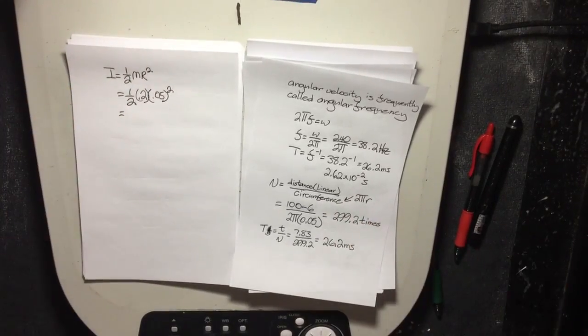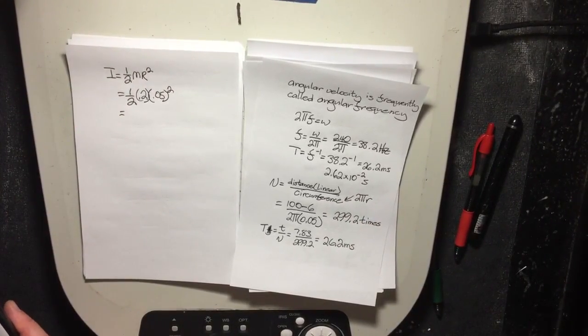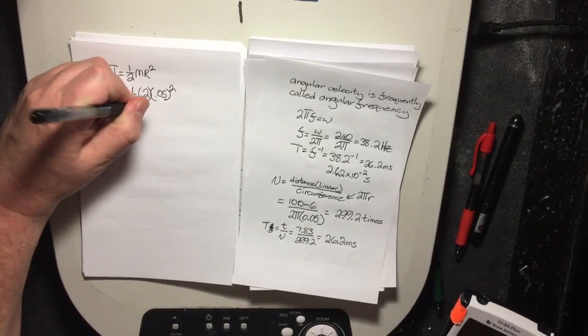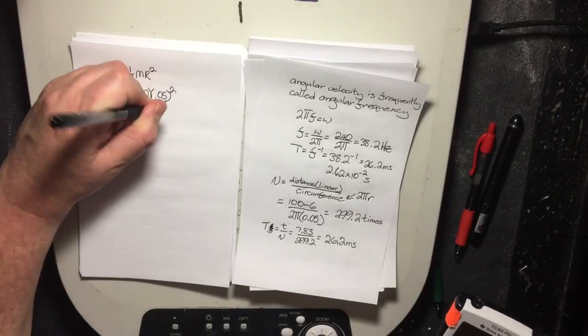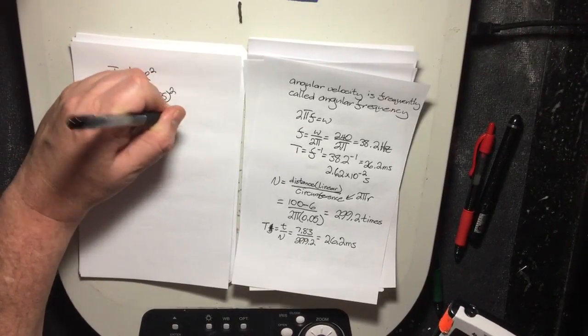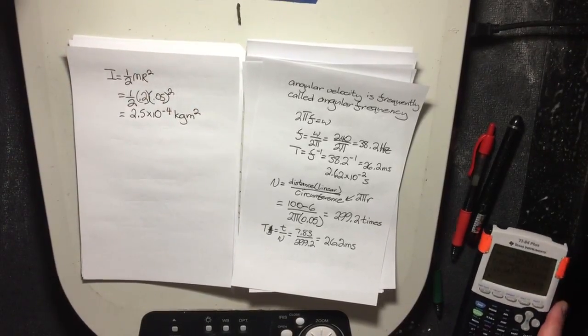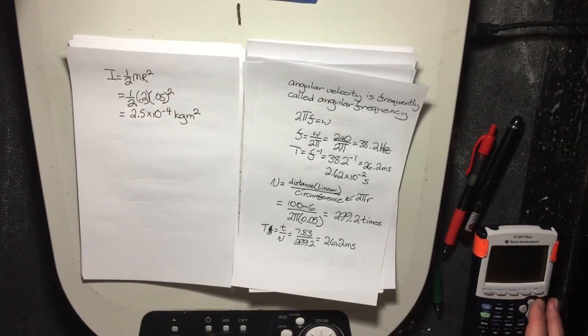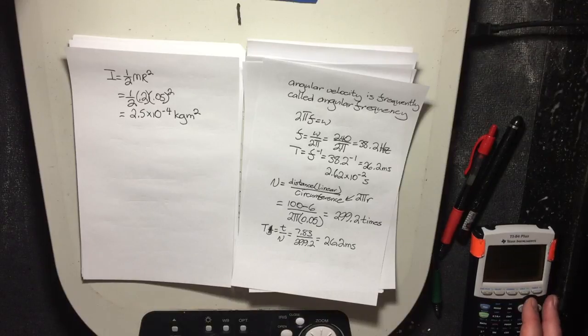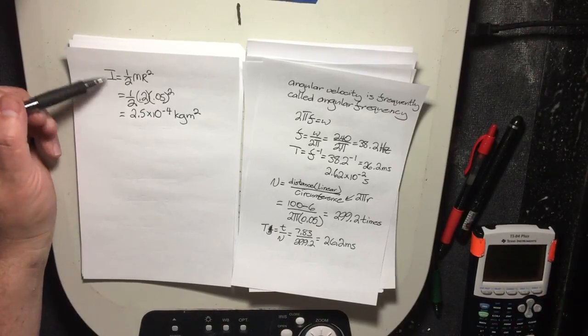And so this makes it 0.1 times 0.05 squared, which is 2.5 times 10 to the negative 4 kilograms meters squared. Those are the units of moment of inertia. M gets switched to kilograms, R gets switched to meters. And that gives you I.